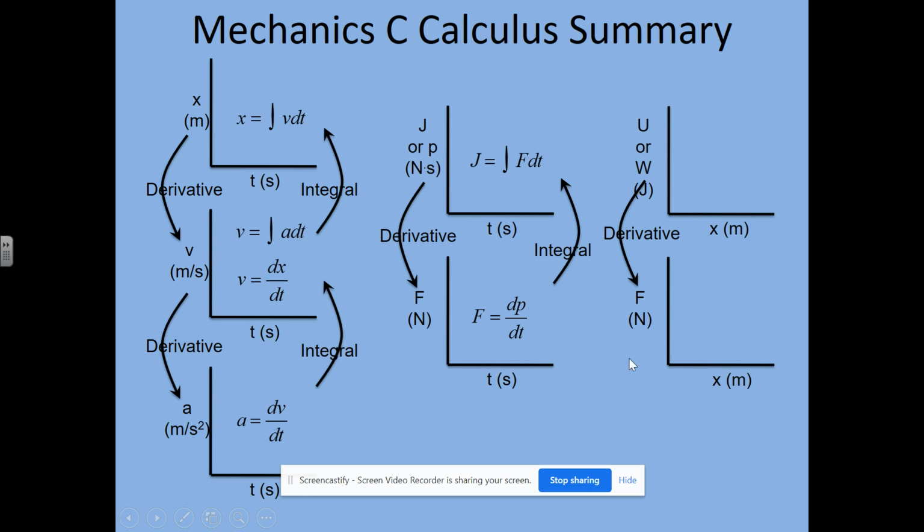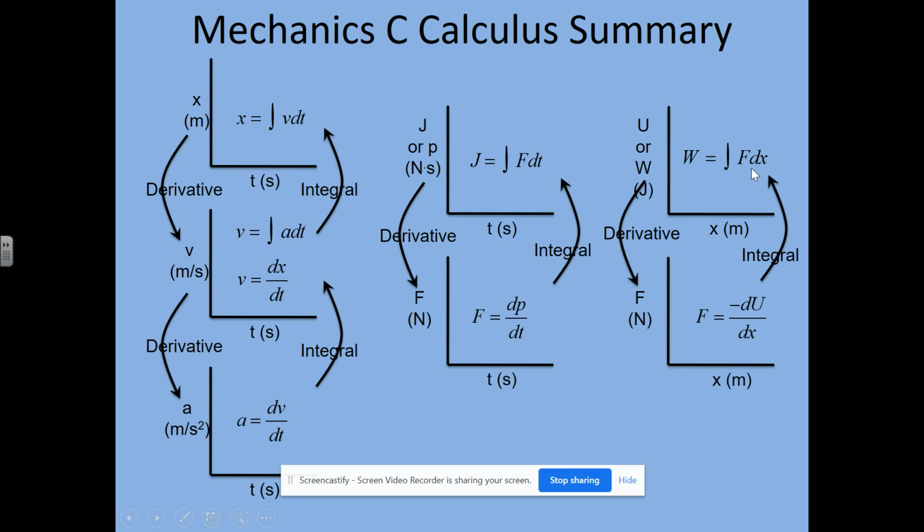The opposite, if we have the force with respect to x, and we want to figure out what's the energy, we can take the area under the curve of that graph, which is the integral. And so the force is -dU/dx, and the work or potential energy is the integral of force dx.